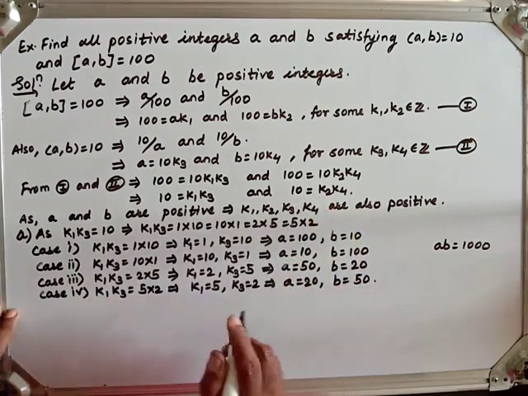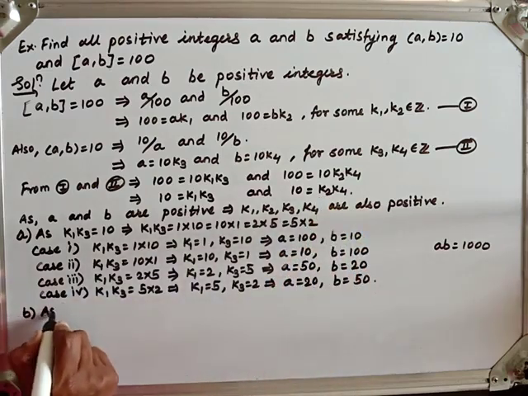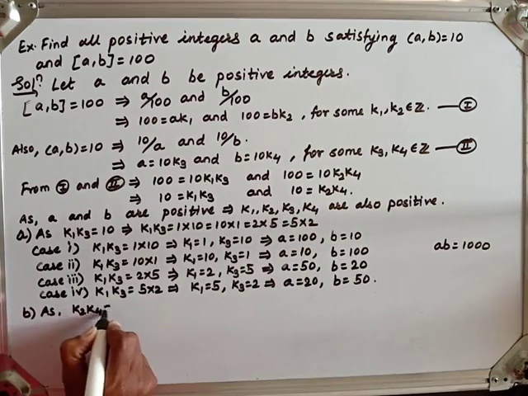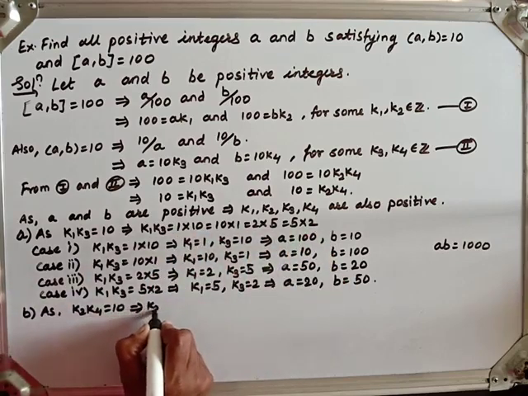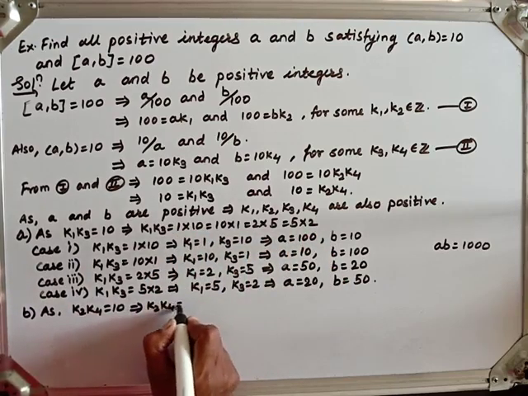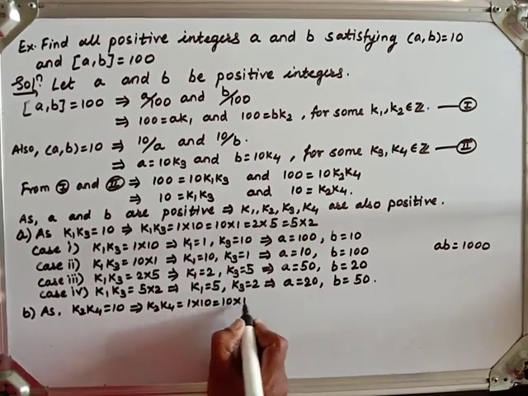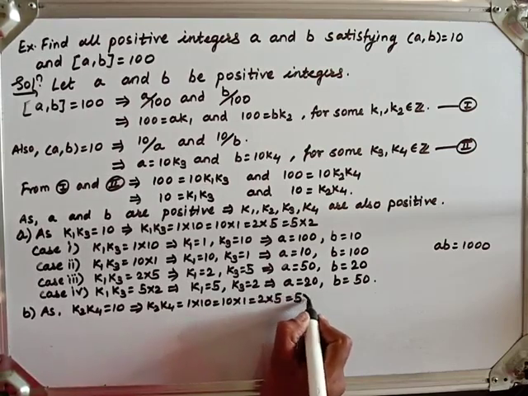Now if I take this second case, K2 K4 is equal to 10. Here also we have the same possibilities for K2 and K4 as they are positive integers: 1 into 10, 10 into 1, 2 into 5 and 5 into 2.